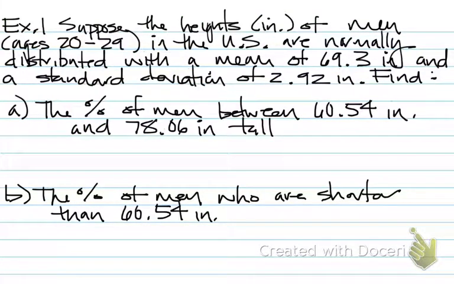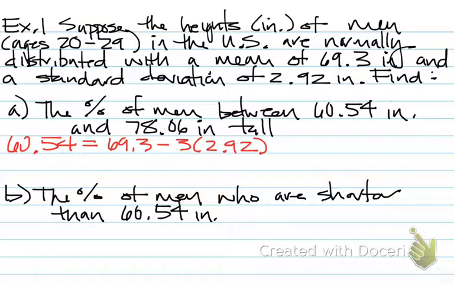All right, in this first example, suppose that the heights of men ages 20 to 29 in the U.S. are normally distributed with a mean of 69.3 inches and a standard deviation of 2.92 inches. We want to find the percent of men that are between 60.54 inches and 78.06 inches tall.